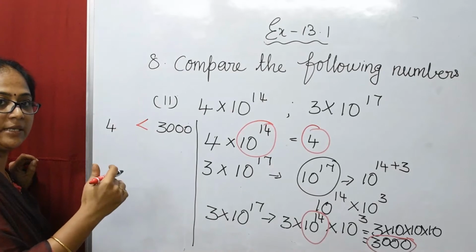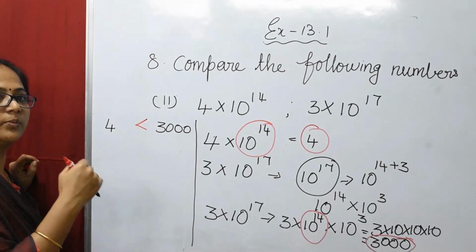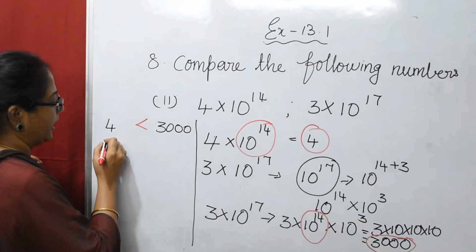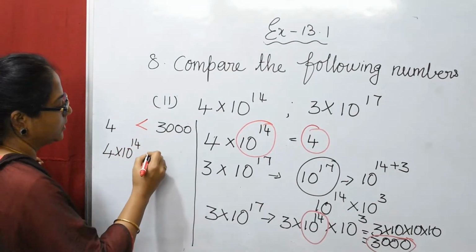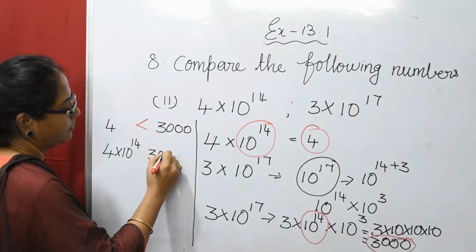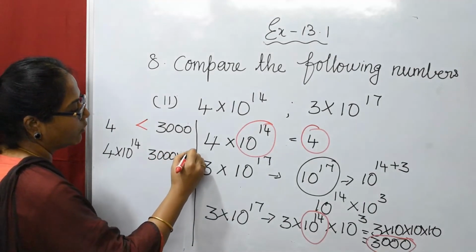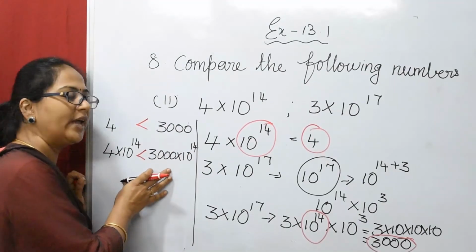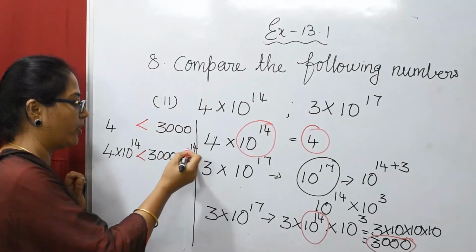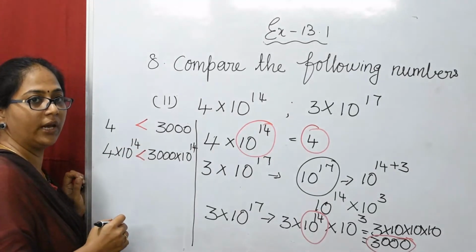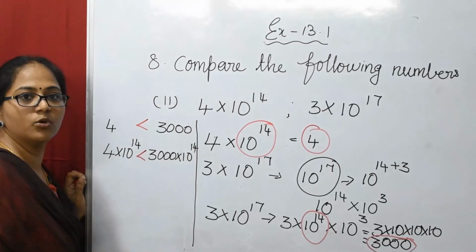So let us multiply both the numbers with 10 power 14. Like 4 into 10 power 14, and here also 3000 into 10 power 14. We have brought both the numbers to the same term. That means 10 to the power of 14, 10 to the power of 14, which will be easy for us to compare.